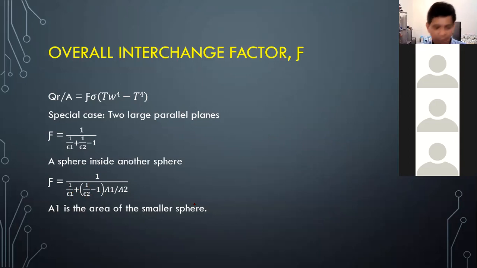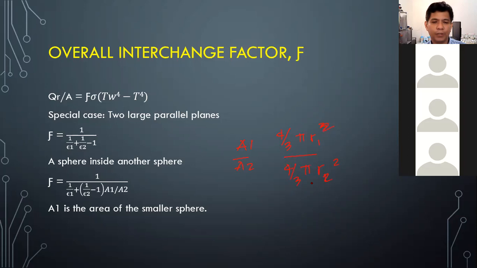Okay? Tapos ang ginagawa ko dito, yung A1 over A2, di ba pareho namang sphere yan? So ang area ng sphere ay 4/3 pi r squared, di ba? R1 squared over R2 squared.